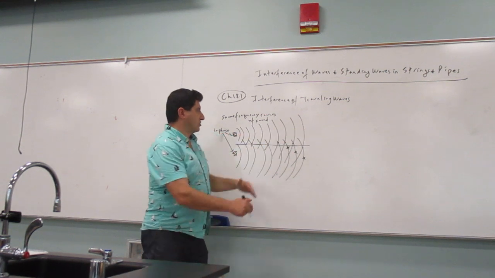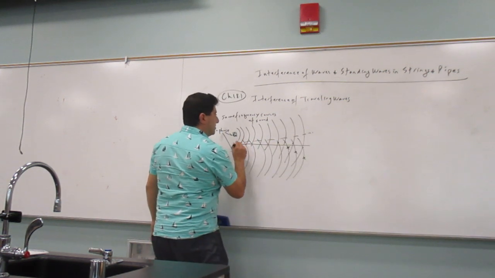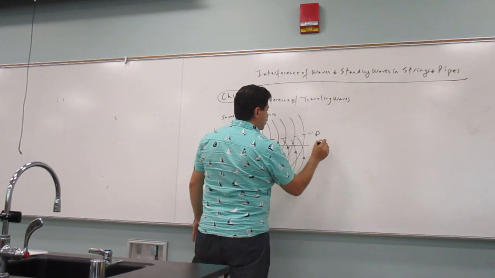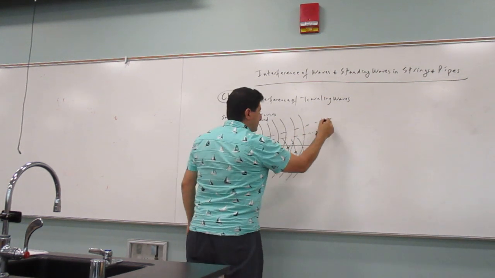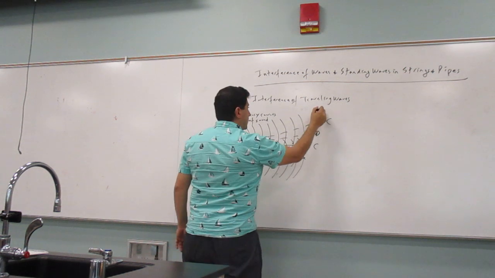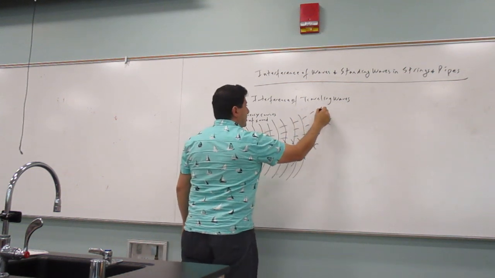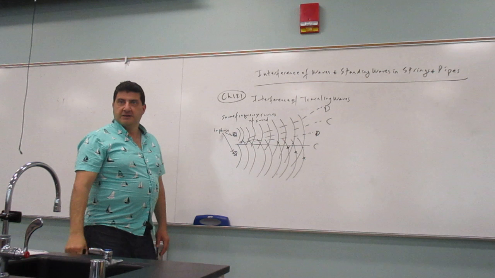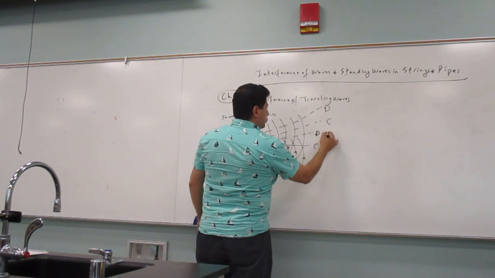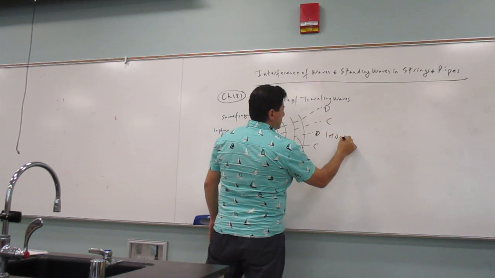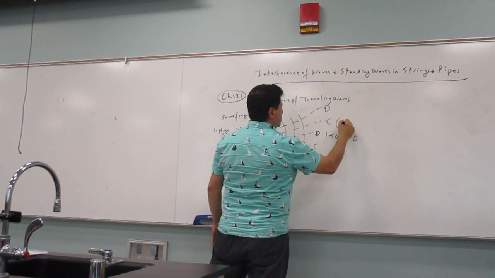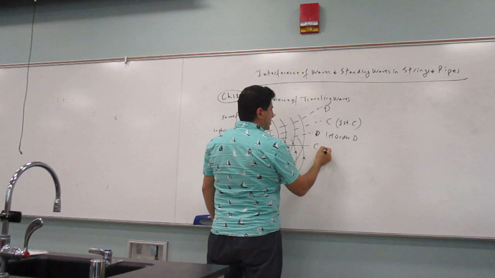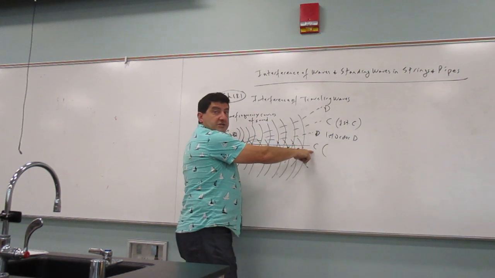And off to the side, you're going to have a line of destructive, constructive, destructive. Then you're going to have the first order constructive, right? Then you're going to have second order destructive, right? And so this is called first order destructive. This is first order constructive. This one is the central constructive, central maximum.